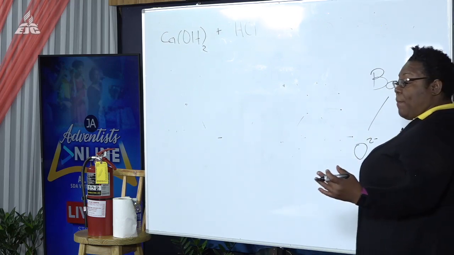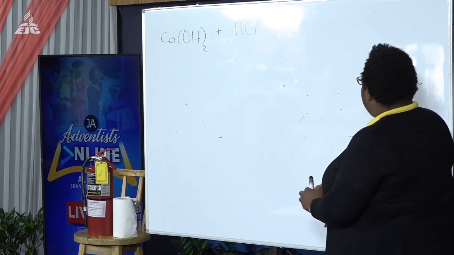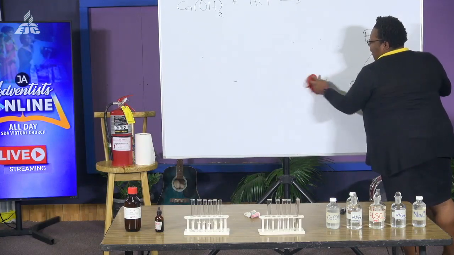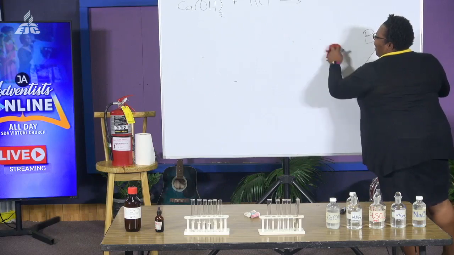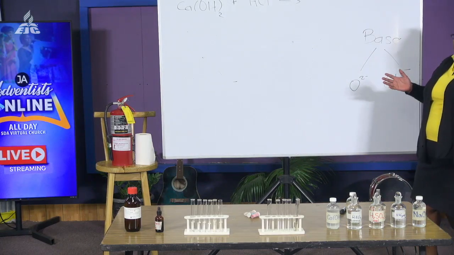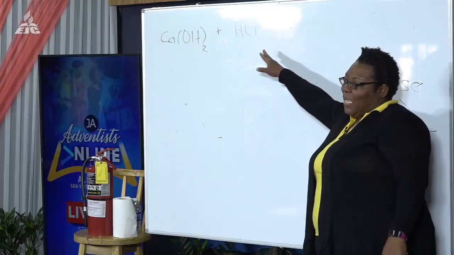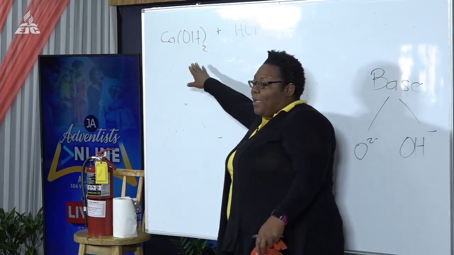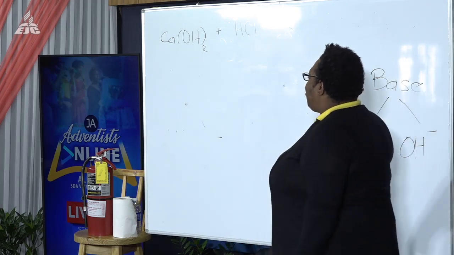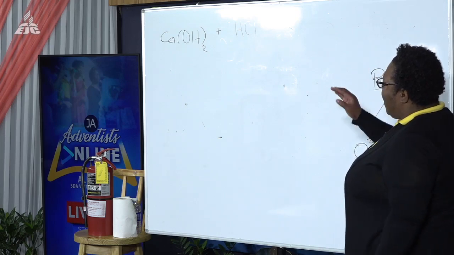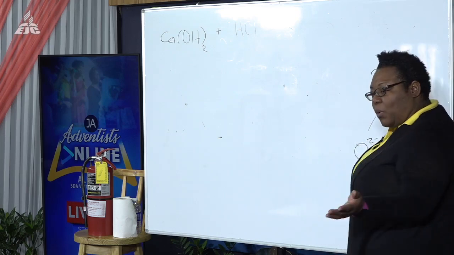Of course, please remember, you are commenting below and helping me as we move along. Okay, so an acid and a base gives us salt and water. Acid being what? HCl, which is hydrochloric acid, and our base being calcium hydroxide. Very good. All right. Now, if we react these two compounds, what will the products be?